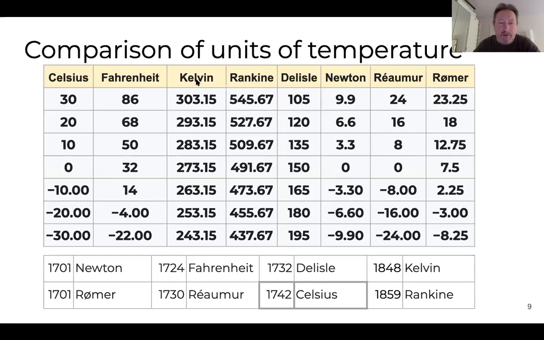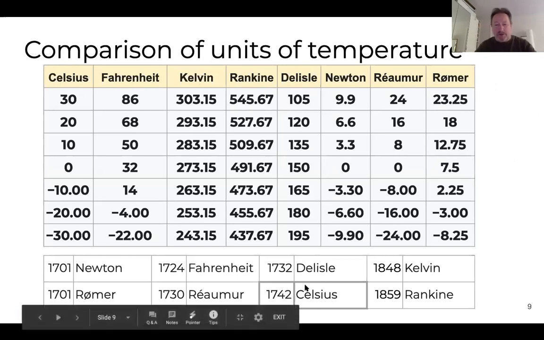This is the table of comparison of units of temperature. There are several scales: Romer, Réaumur, Newton, Delisle, Rankine, Kelvin, Fahrenheit, and Celsius. You see that Celsius is not the earliest one. It is the third from the last one, which is Rankine.